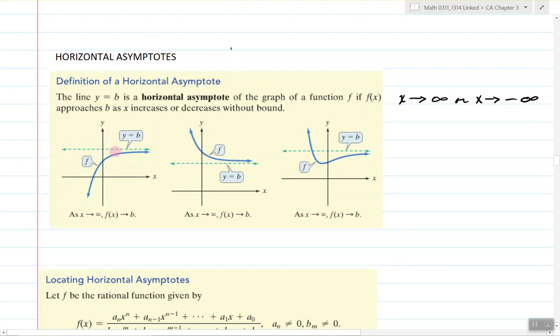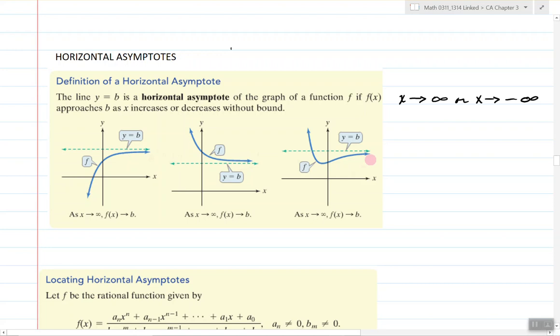If this represents the horizontal asymptote, here's the function. As x gets bigger and bigger toward positive infinity, the graph snuggles toward that horizontal line. It could do it from above. Now here's something a little different in the study of horizontal asymptotes as opposed to vertical.